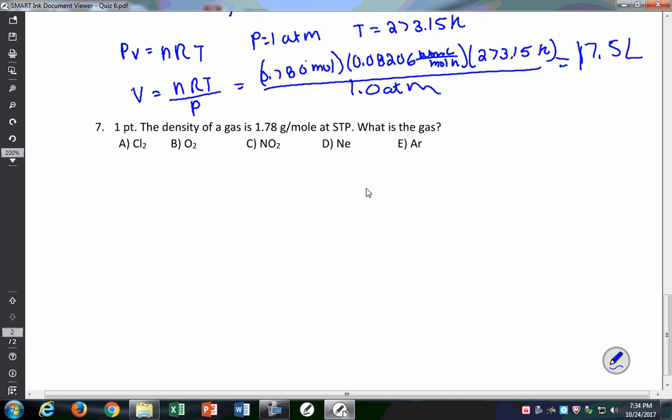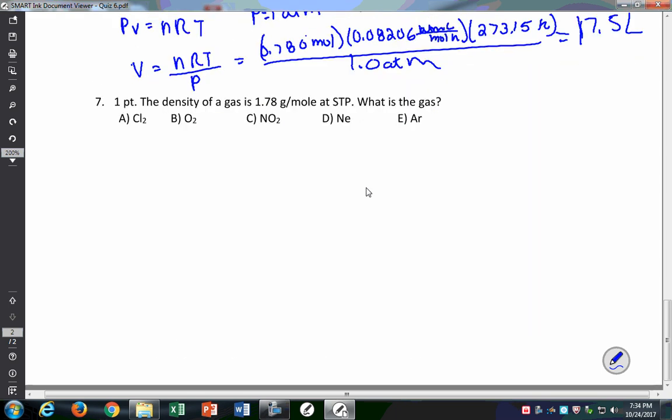The last one, we want to know what a gas is if we know the density. And I'm sorry, this should be per liter. So we know the density. We want to know our gas. But we know density at STP is equal to molar mass divided by 22.4 liters.